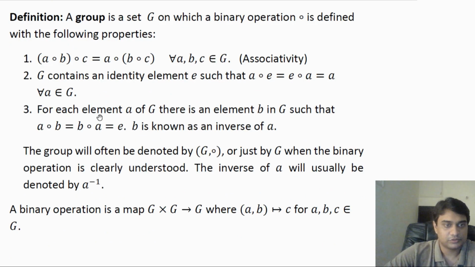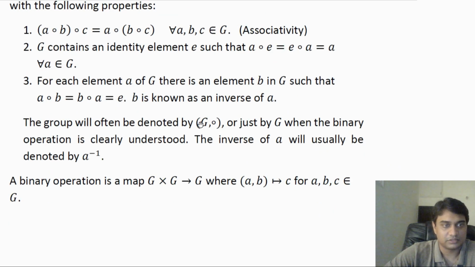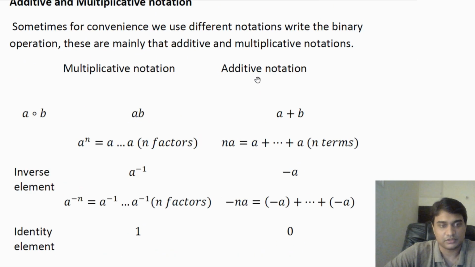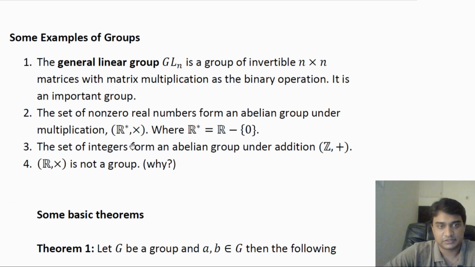Also, inverses exist because we are talking about the group of non-zero real numbers. For any non-zero real number, its inverse exists. This is one of the field axioms, right? So inverses also exist, and therefore R star under the binary operation of multiplication is a group.